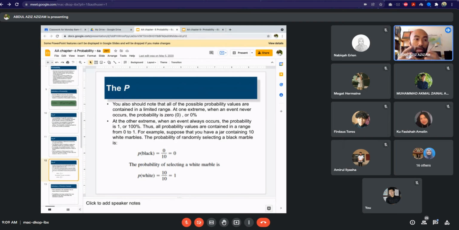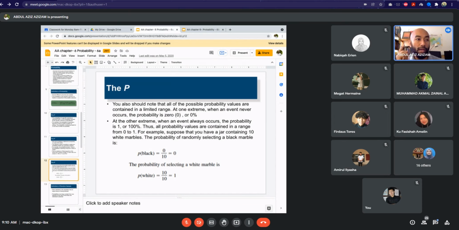So, kalau ada 10 guli dalam warna putih, kalau soalan ni dia tanya berapa P probability untuk you dapat guli color hitam, you ada chance tak? You rasa you ada chance tak untuk dapat guli color hitam dalam semua jar tu color putih? Is there any chance to get any black marble? Tidak. Okay, there is no chance for you to get the black marble in the white marble jar.